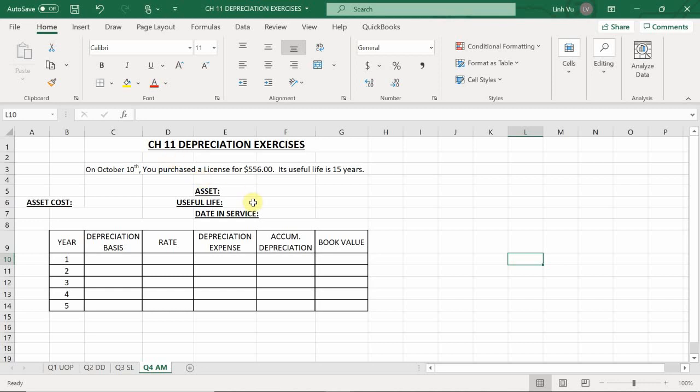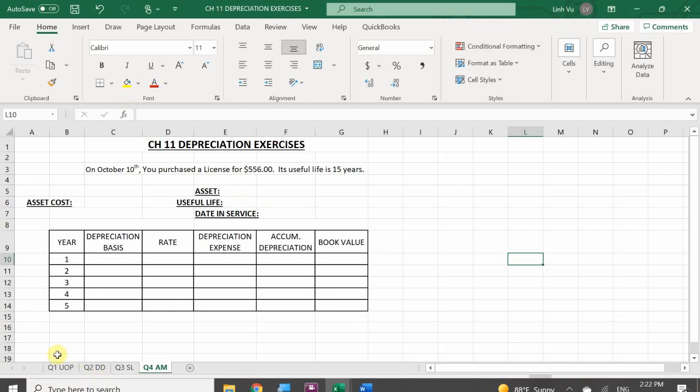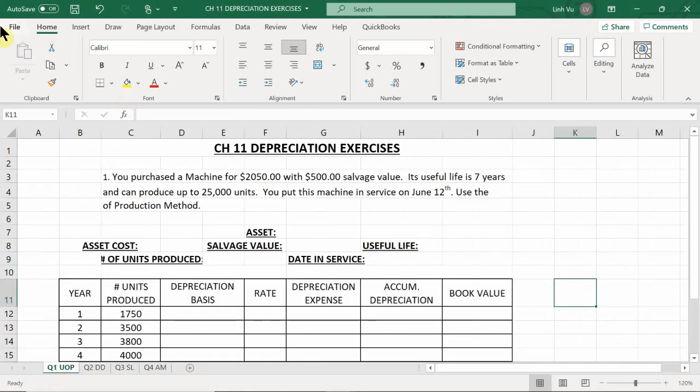the depreciation methods. Down below, I have 4 examples of 4 depreciation methods here. We're going to take a look at all 3 depreciation methods and 1 amortization method. So this example says that you purchased a machine for $2,050 with a $500 salvage value.